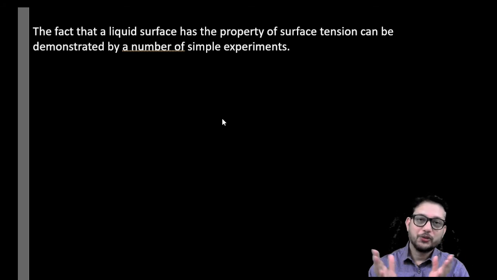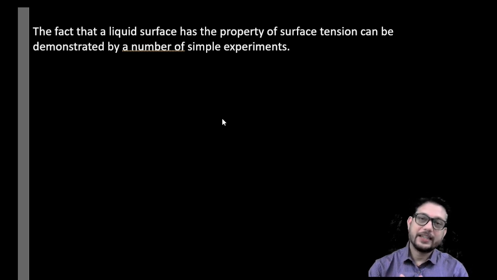As you know, we are going through a topic that is part of the chapter Mechanical Properties of Materials. In that chapter we have finalized our first topic, elasticity, and now we have come to the next topic, surface tension.